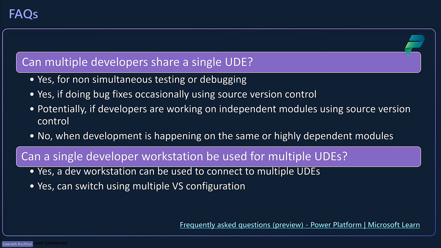Let's go a little deeper. If active development is going on but on different models, and it's okay to have some layover in terms of deploy time and restarts of AOSs, then it's fine. But if it's active development and you think your developer productivity is going down because multiple developers are using the same environment, then it's better to have a separate UDE for each developer.